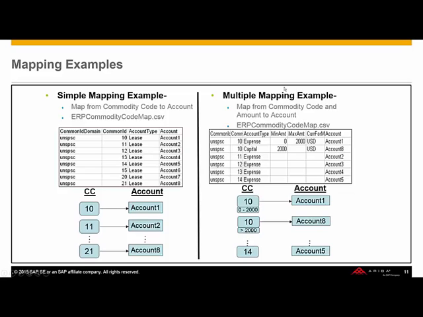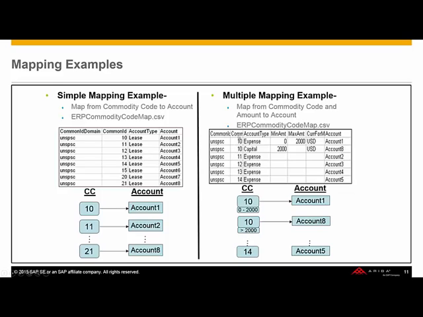It is possible to do multiple mapping, which is when there is a dollar amount involved as well. And in this example, you can see the file structure is similar, but we have 2 additional columns. We have a minimum amount and a maximum amount. By virtue of these dollar thresholds, we can have multiple records for the same commodity code.